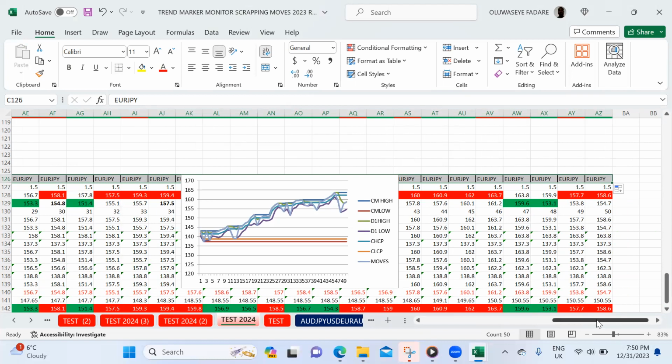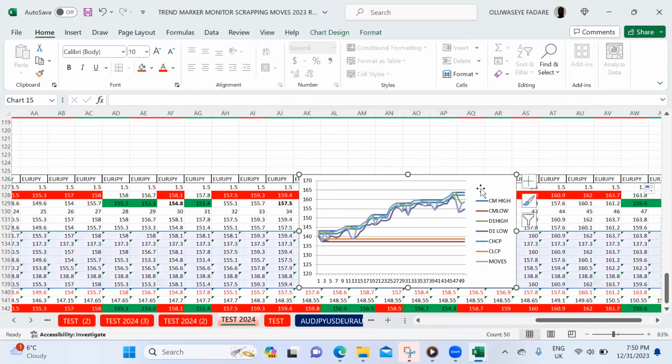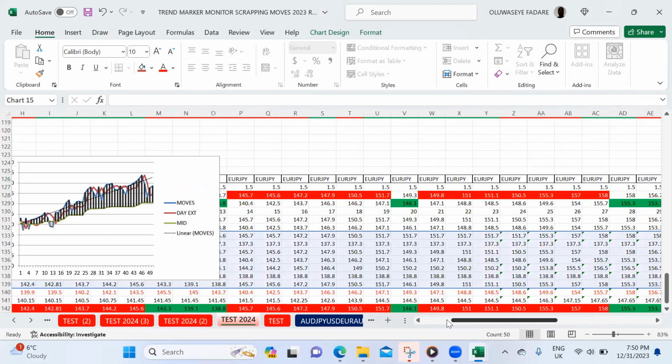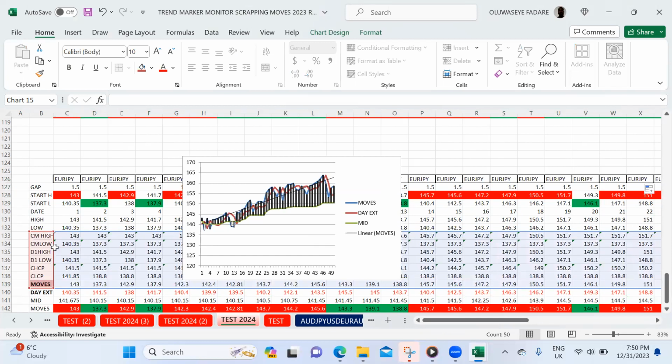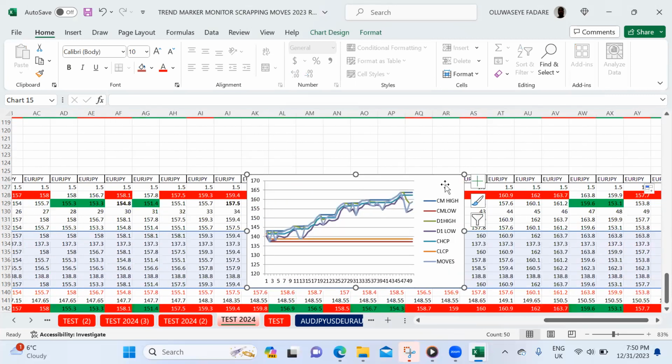Okay. Now, just like I explained earlier, this is also another graph using the body of our computations. So that shows the cumulative high, the one I explained earlier.